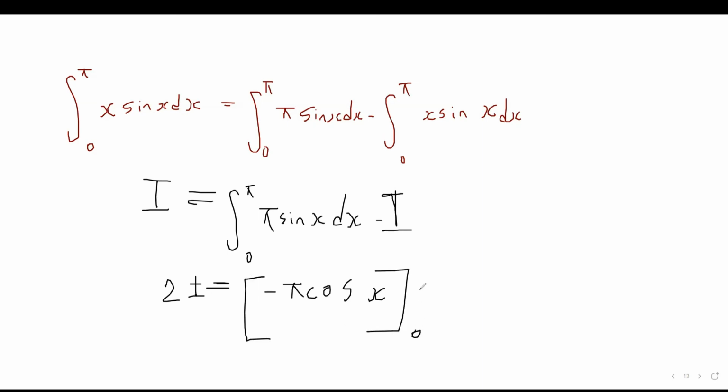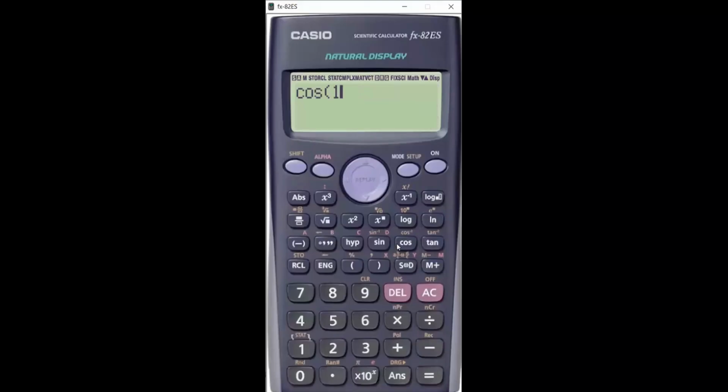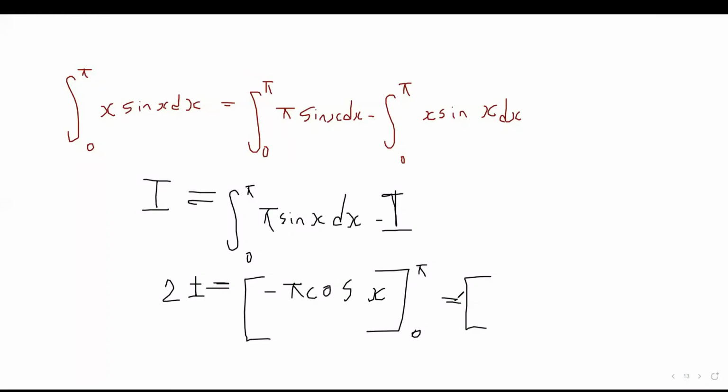It's that simple. So now when we plug in the limits from 0 to pi, what that means is 2I is, plug in pi now, Marika, what's the cos of pi? Cos of 180? So the cos of 180 is negative 1, right? Yes, sir.